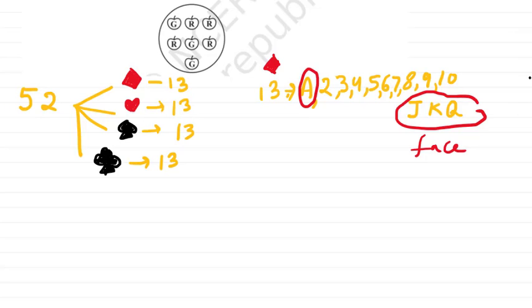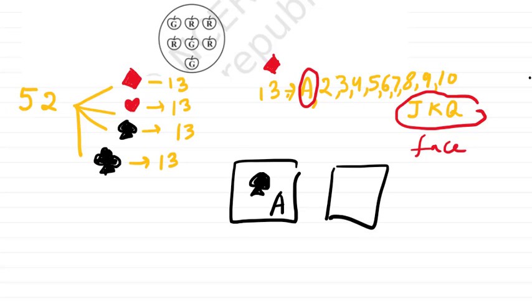So let me give you details of that. There will be this, and there will be written A. So this will be one ace for this one. Same way you will have an ace for this club as well, and then you have two more cards, ace of heart and ace of diamond.